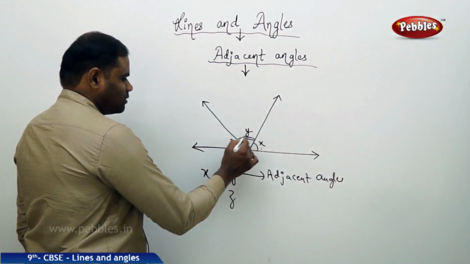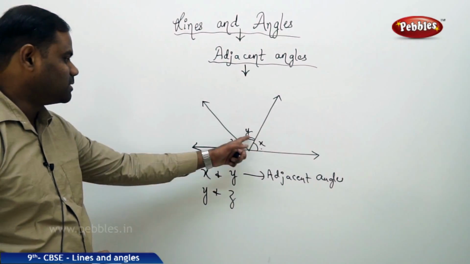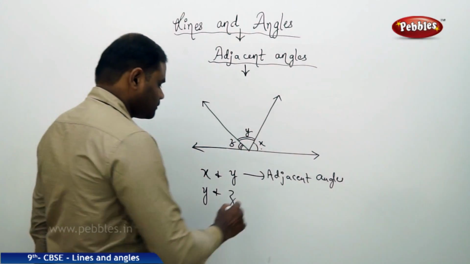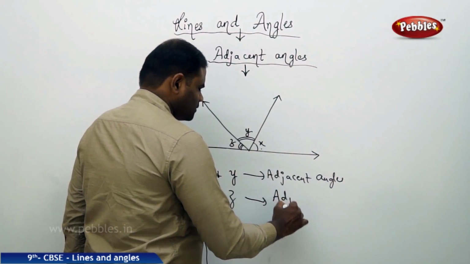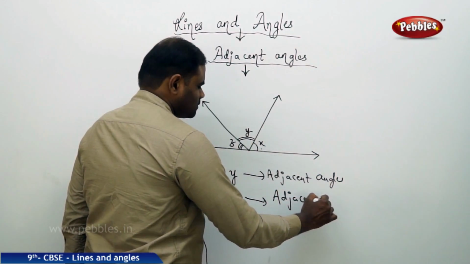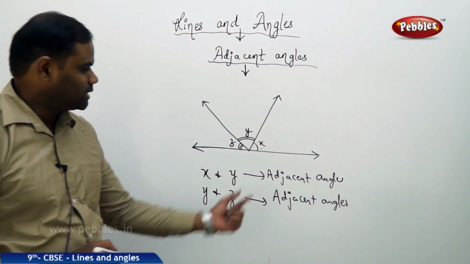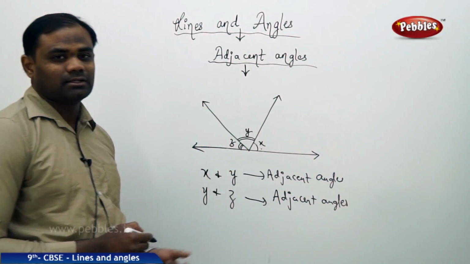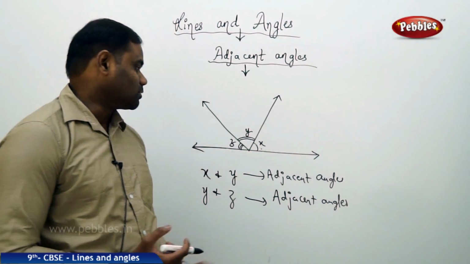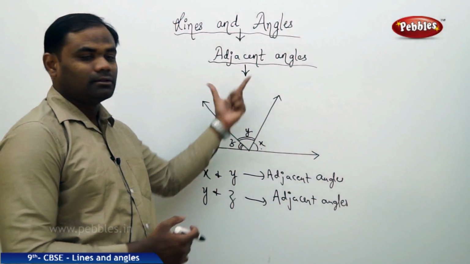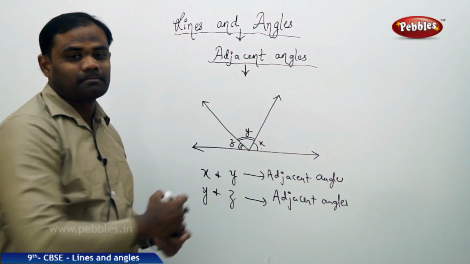Y and z also are adjacent because they are beside each other, but when I take this angle x and this angle z, they are not adjacent because clearly they are separated by the angle y, as can be seen.